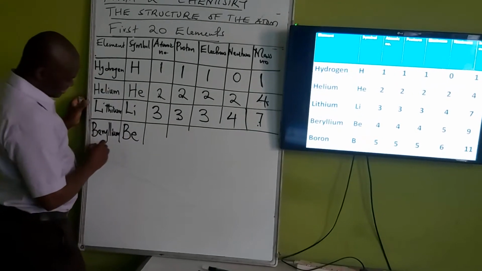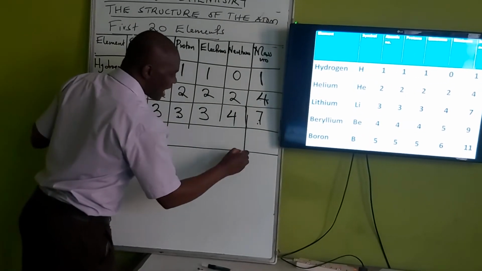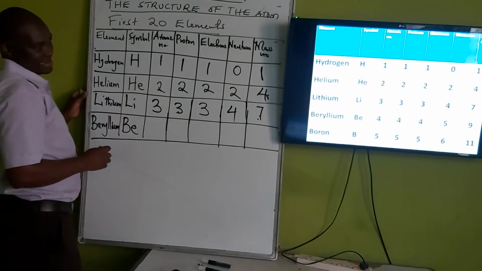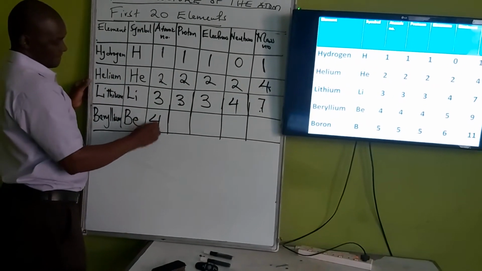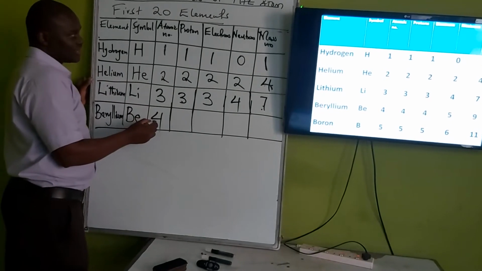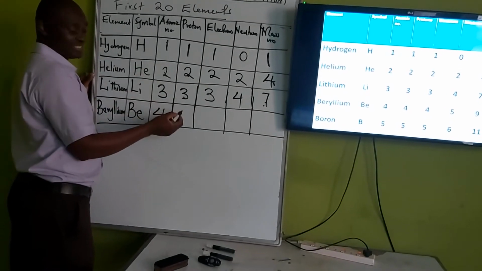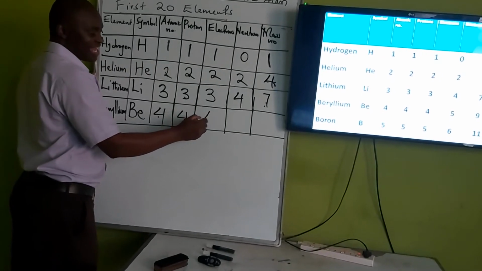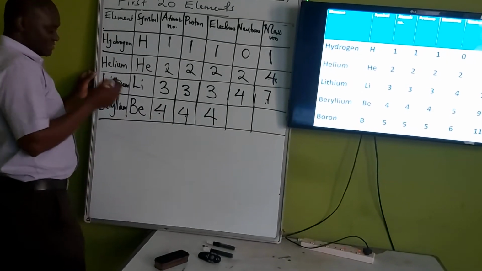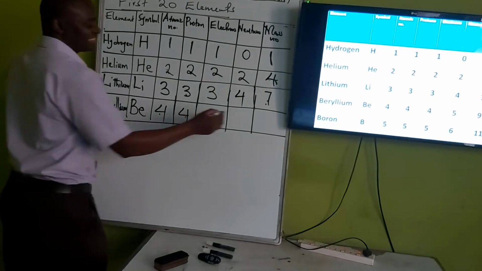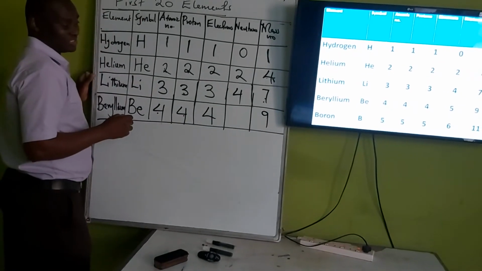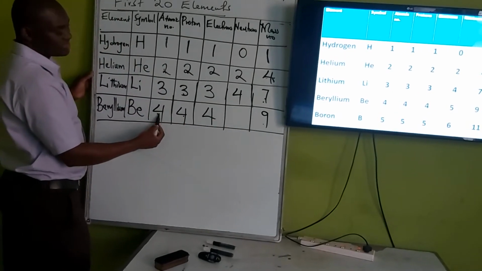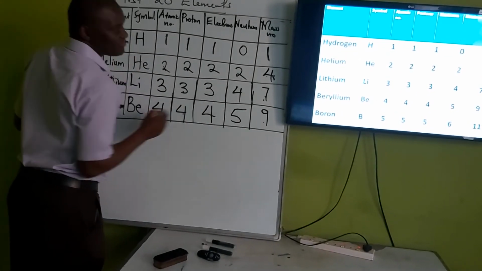This one is going to be number 4. Protons is the same as the atomic number, and protons and electrons are the same. The mass number of beryllium is 9. So neutrons will be mass number minus atomic number, which is 5.